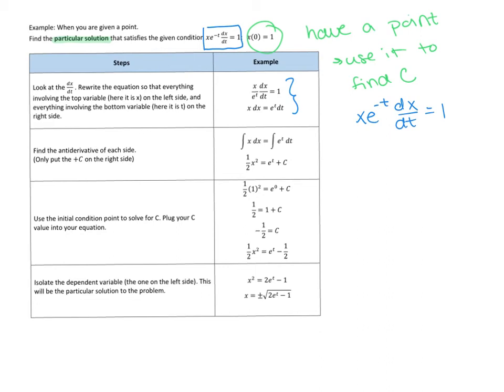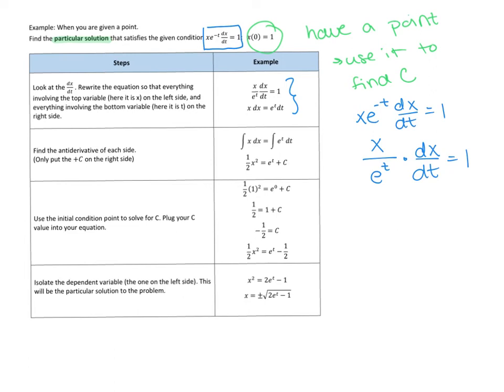So first of all, I'm going to take this e to the negative t and I'm going to just write it as a fraction. E to the negative t is the same as e to the positive t in the denominator. The x and the dx are good where they are. It's the e to the t dt that we need to move over to the right side.